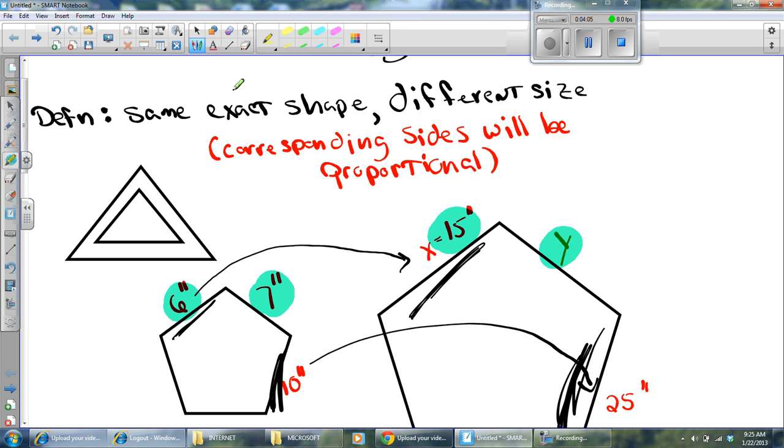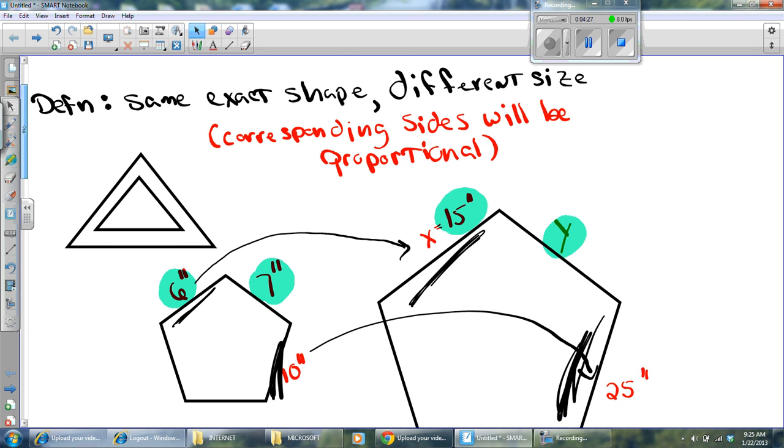Or I could use the 7 and 10, in which case I'd have to use the 25 and y. Lots of different ways to do this one. I'll tell you what, I'll use the 6 and the 7 because it's the one that occurred to me first. And I'm going to go ahead and do left side over right side.